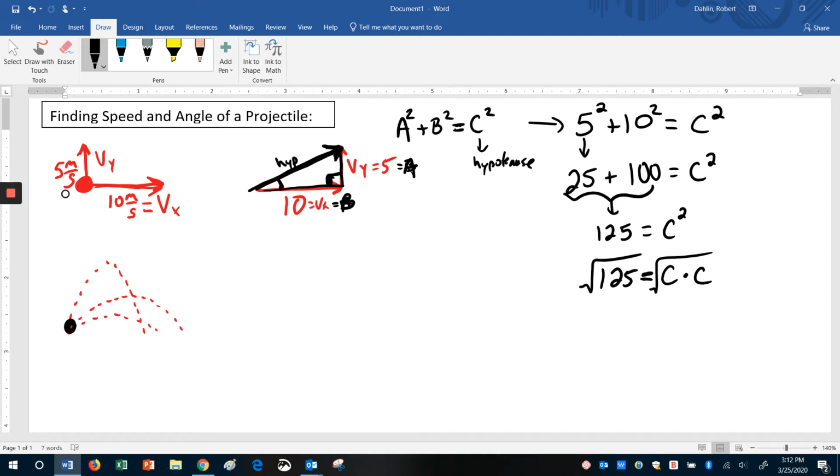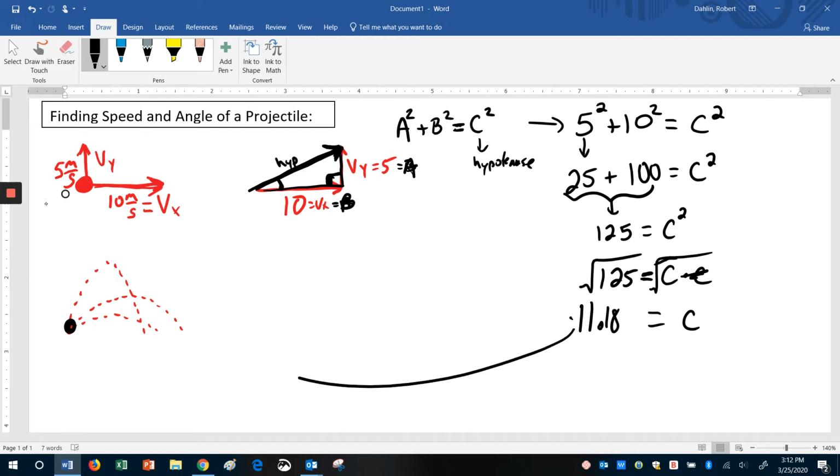If you take the square root, then this cancels out. You get C equals the square root of 125, which, if I do the square root of 125 on the calculator, I get 11.18. Now, look real carefully at the question.